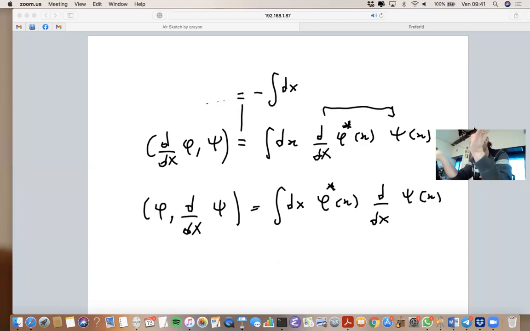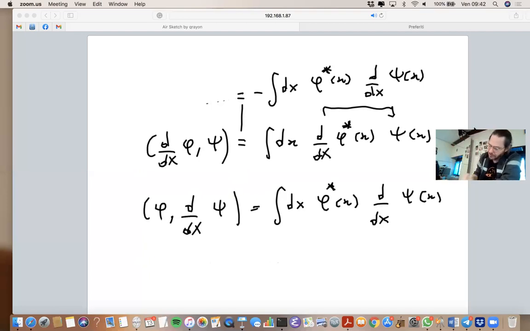And I forget about the boundary value terms because the wave function is assumed to go to 0 at infinity, remember? So what I get is negative psi star, derivative of psi of x. So this is not a Hermitian operator, because if I let it act on the left, it is not the same as if I have it act on the right. Okay? So not a Hermitian operator.